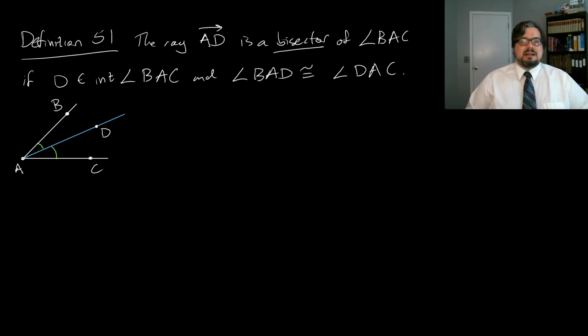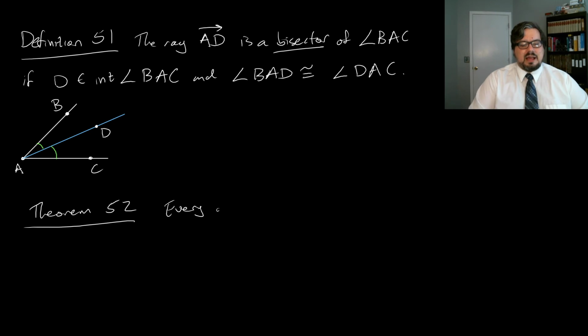It would be an interesting approach, although we were not constructing quite so elaborate a framework to work in here. We don't need that. Theorem 52 says that every angle has exactly one bisector.